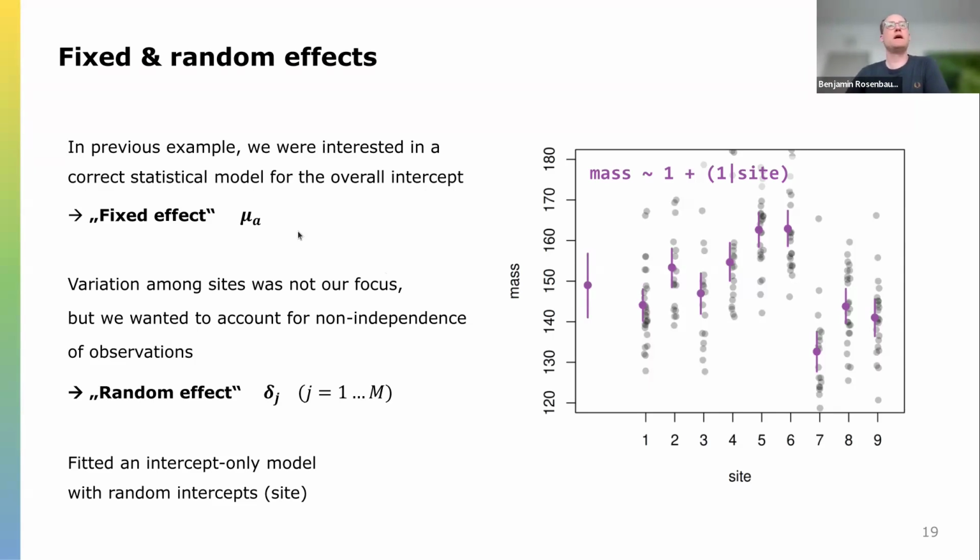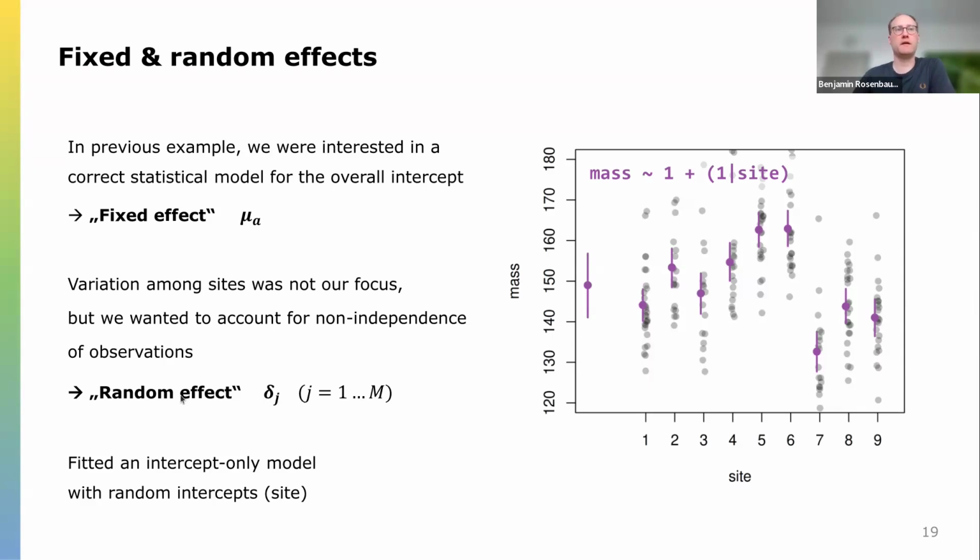The effect we were actually interested in was the overall mean mass of a snake individual. In this case, this was the fixed effect. So the overall mean, and we can see this in this notation here, we are fitting the overall intercept. This is the only fixed effect here, as opposed to the random effect, which here is this side level deviation.